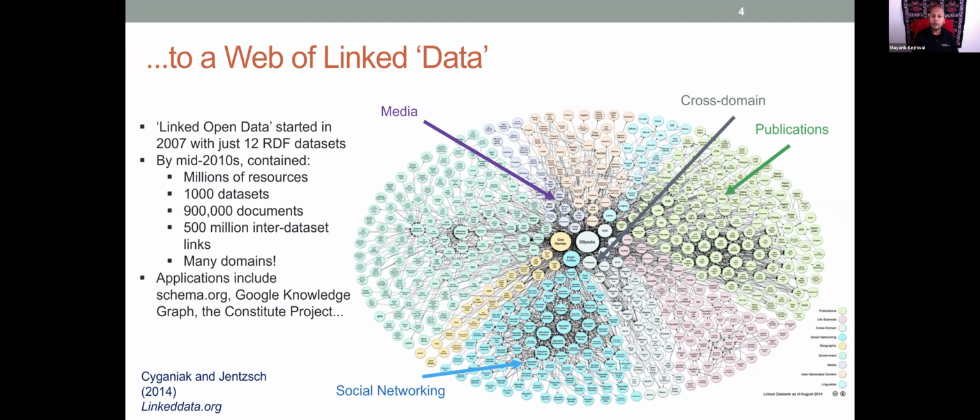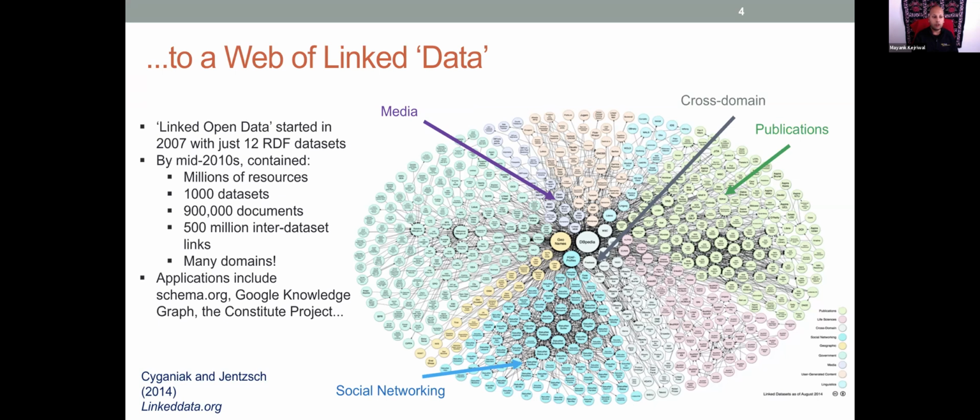In 2007, linked open data started with 12 RDF data sets. I'll go a little bit into what RDF is, but you can just think of it as a knowledge graph model. And it grew very fast. In just 10 years, it went from 12 relatively small data sets to more than 1,000 data sets with millions of nodes between them.